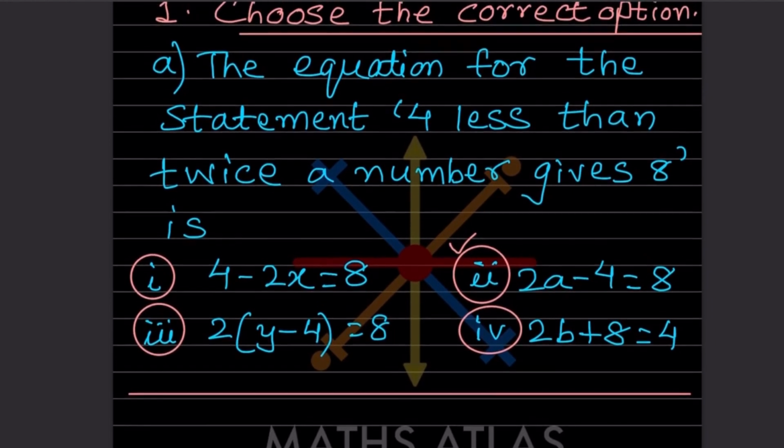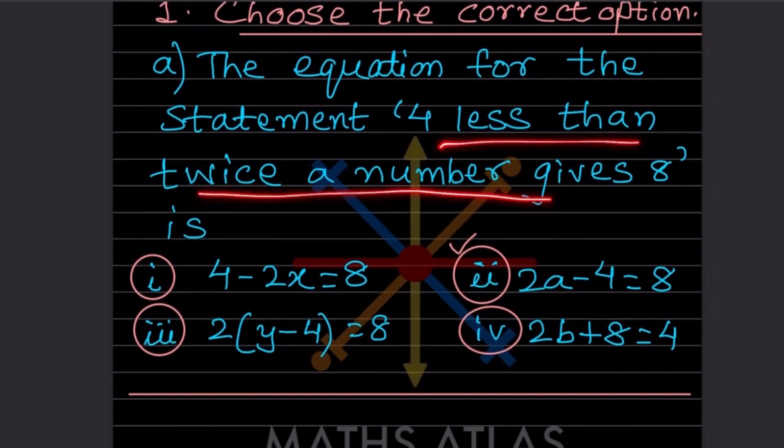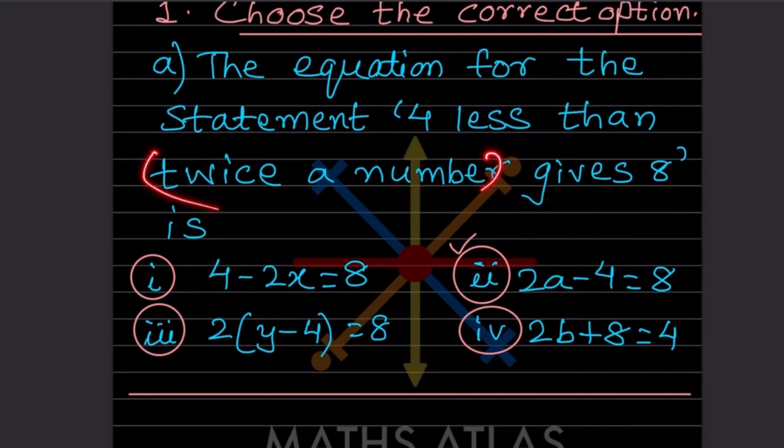So now what does this say? 4 less than twice a number gives 8. Twice a number means this is going to be 2x, and 4 less means 2x minus 4. So here actually 2x minus 4 is 8. This variable can be anything, it can be x, anything from a to z.